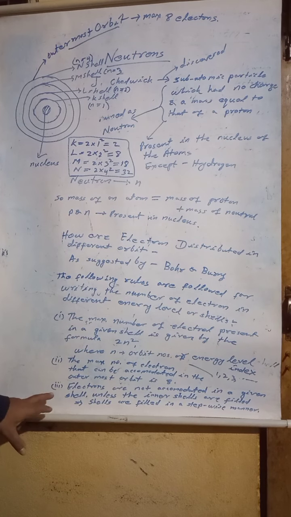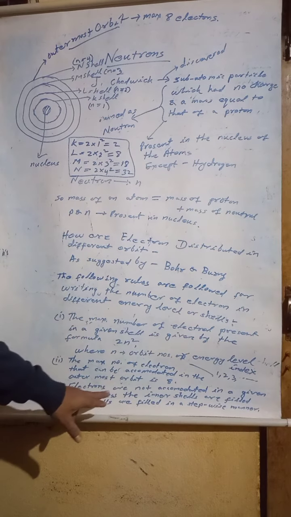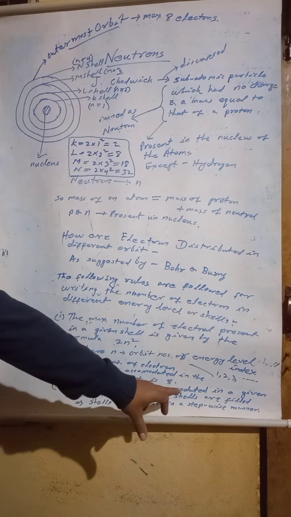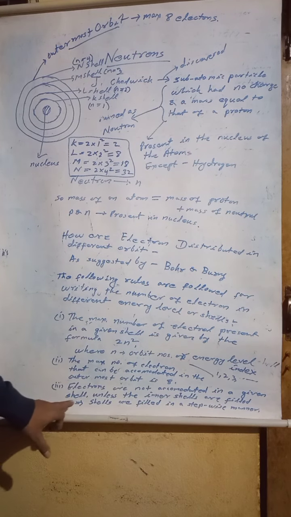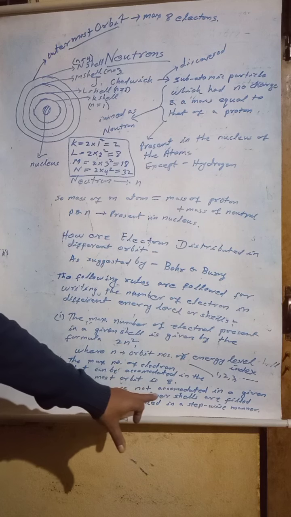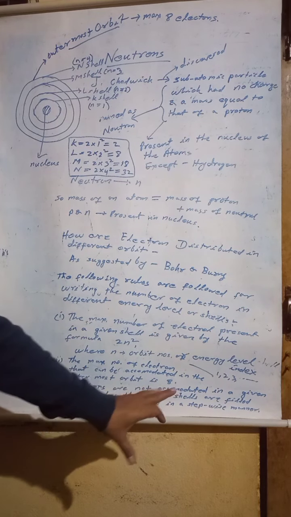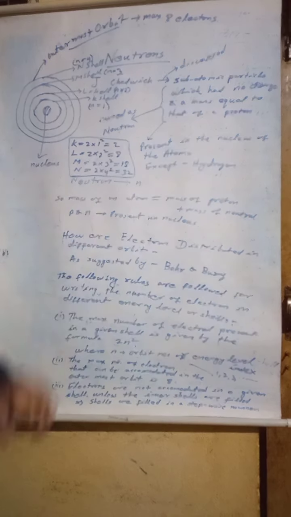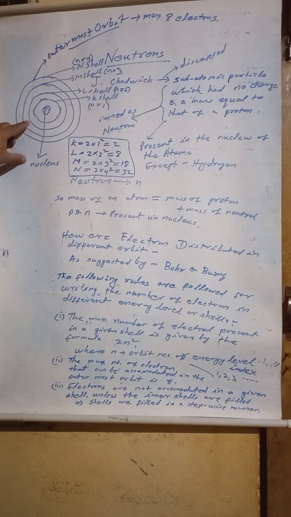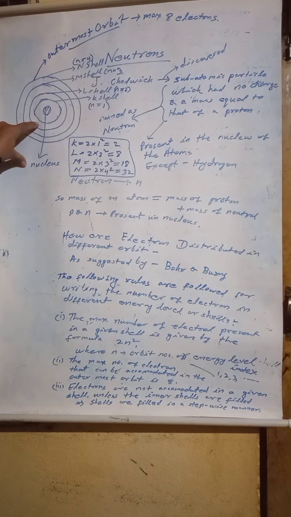And what is the next rule? Electrons are not accommodated in a given cell unless the inner cells are filled. Cells are filled in a stepwise manner. Suppose electrons are not accommodated in K cell, then electrons cannot be accommodated in L cell.